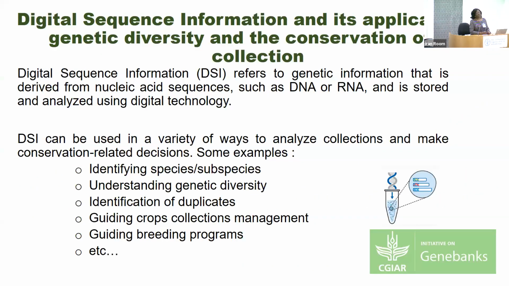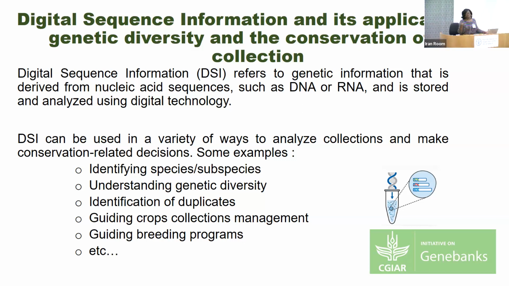Digital sequence information refers to the genetic information that is derived from nucleic acid sequences such as DNA and RNA, and stored and analyzed using digital technology. It can be used in different ways. I just listed a few examples: to identify species and subspecies.